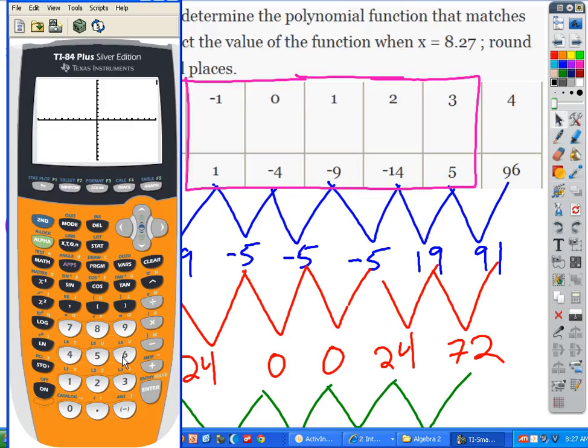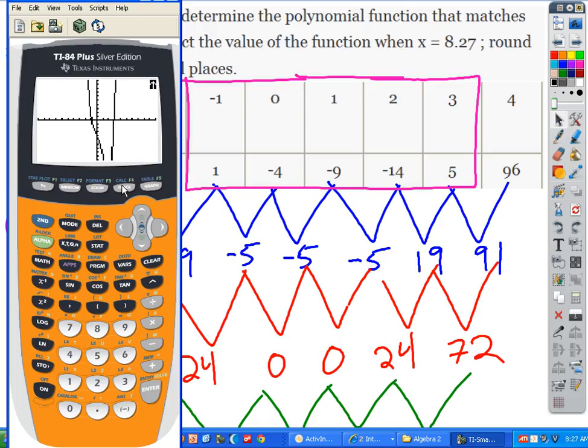Any questions about this second part, about how we find the y value when x is 8.27? Everybody can do that? I mean, we've done it all year, but we don't do it very often. Okay? So we'll go second, calc, value, enter the x value, 8.27.